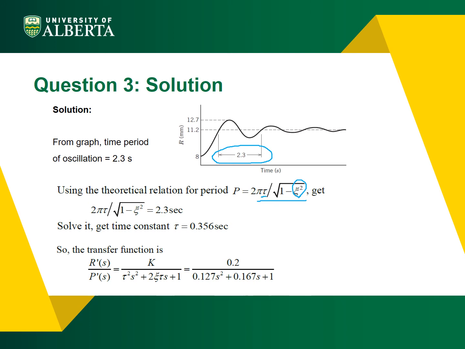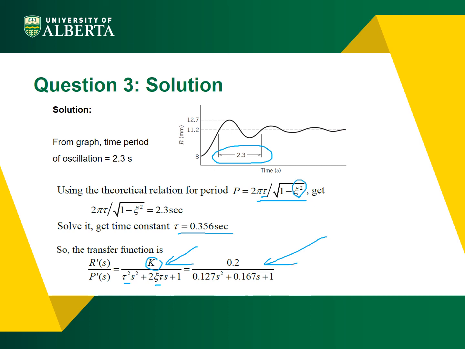So if you plug in all the known values and equate for the unknown variable, we get tau is equal to 0.356 seconds. So now we have k, tau, and also zeta, so we just substitute everything into the general second order transfer function to get the final solution.